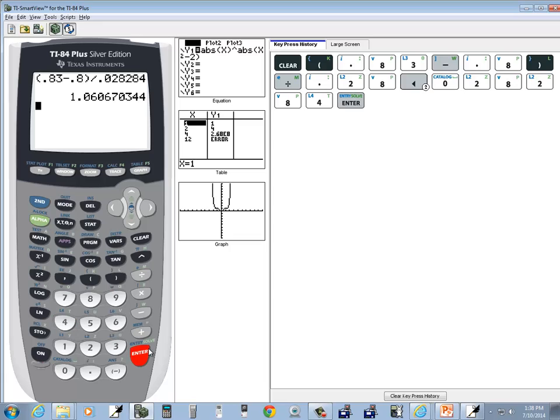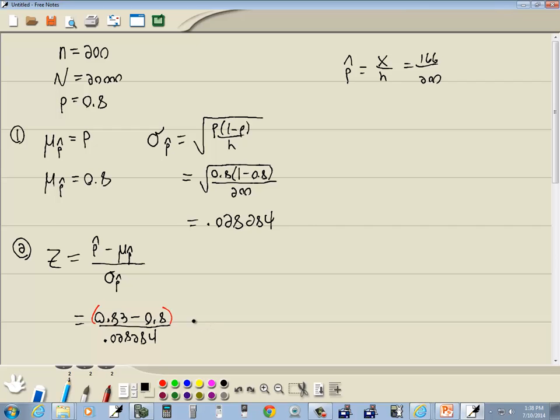And then press enter. Now I'll take it to 2 decimal places. So this would give us 1.06. Yeah, 1.06.